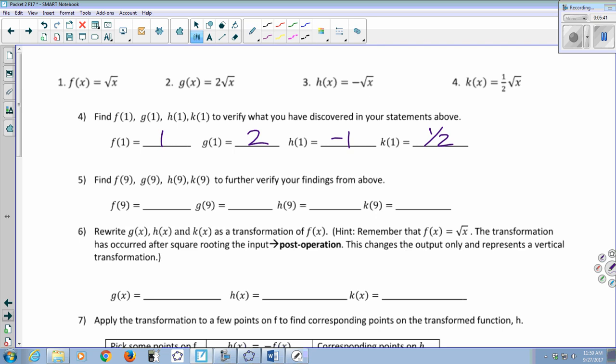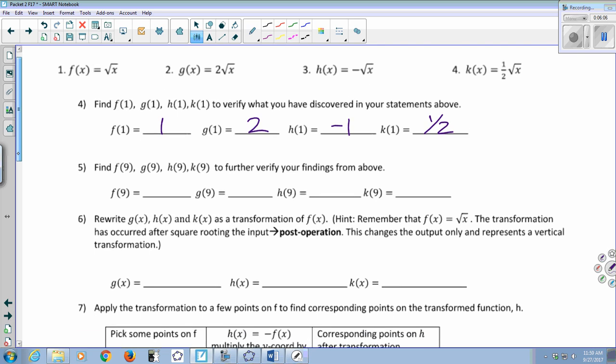So g, we said, is a vertical stretch by a factor of 2. 1 times 2 is 2. h is a reflection over the x-axis, and 1 and -1 are reflections over the x-axis. And k is a vertical shrink by a factor of a half. 1 times a half is a half. We could do this again for 9 and see the relationships also hold. I'm going to skip that.